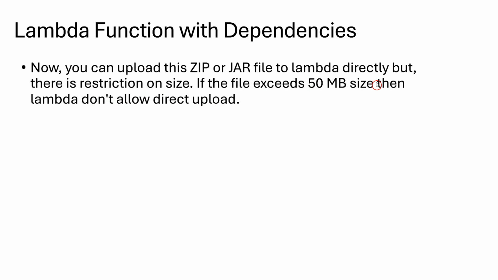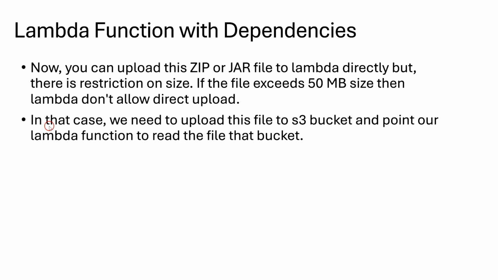So if you have smaller dependencies and smaller Lambda code, you can upload your zip or jar directly to your Lambda. But if your package is more than 50 MB, Lambda won't accept a direct upload.